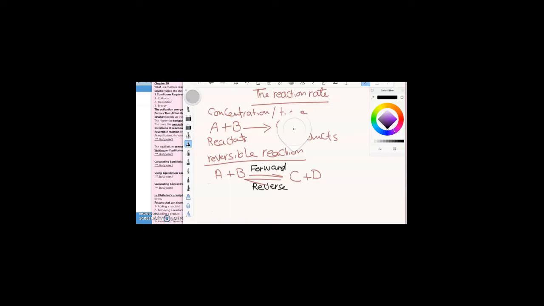So this one is the forward, that one is the reverse. When reactants interact together to form products, this is a forward reaction. When products, after they are formed, are not stable enough to stay as products, then we call this a reverse reaction. The whole type of reaction, when there are two arrows in the equation, we call this a reversible reaction.